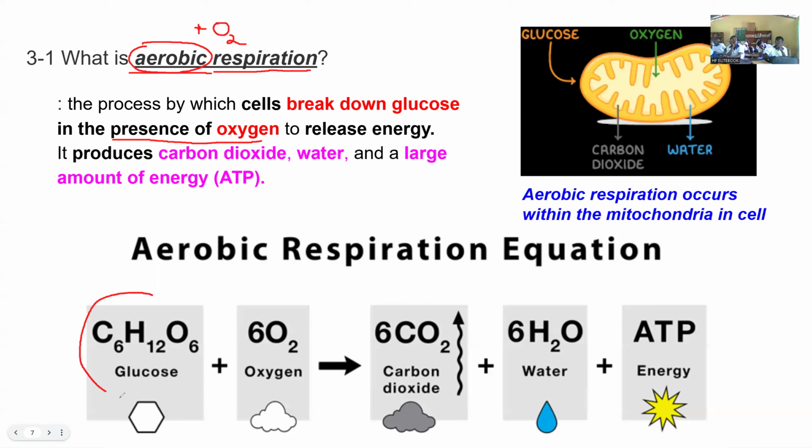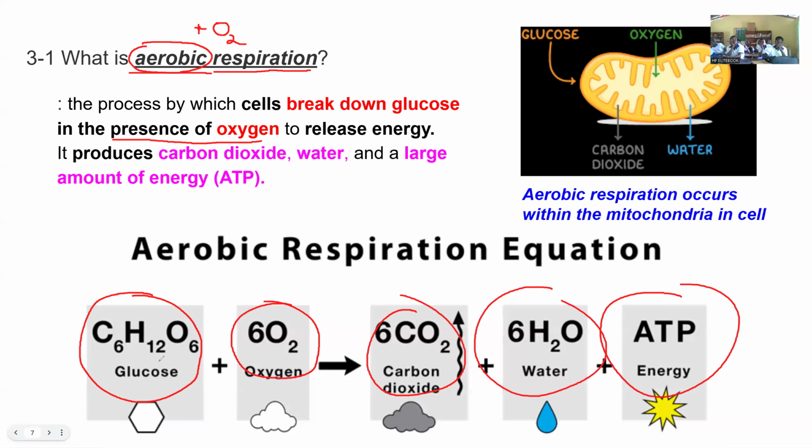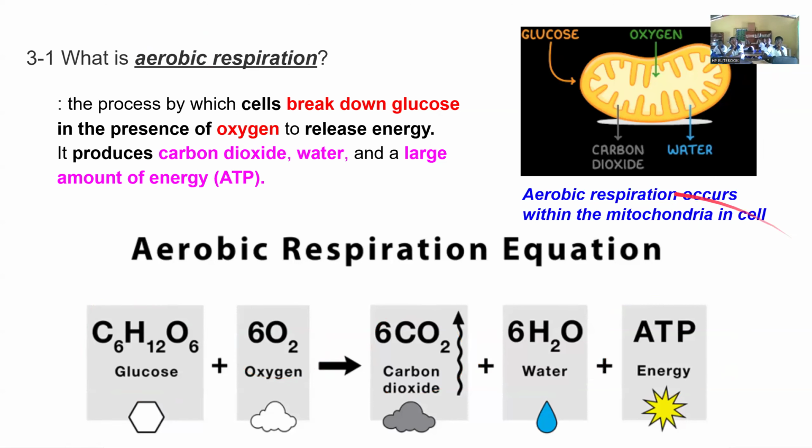And it produces, from glucose and oxygen, carbon dioxide, water, and energy. That's aerobic respiration. And also aerobic respiration occurs within the mitochondria in the cell. You might have heard that mitochondria is the powerhouse of the cell, and that is especially true for respiration as energy is made.